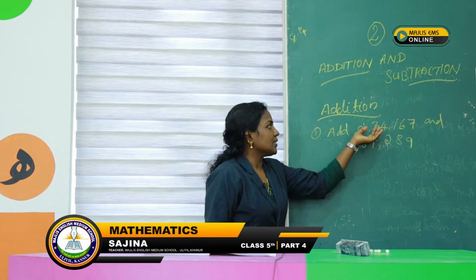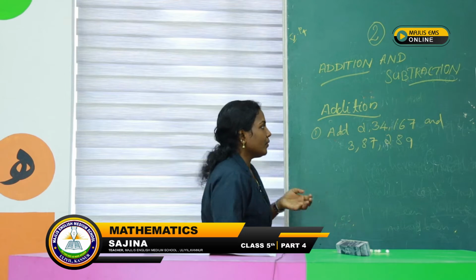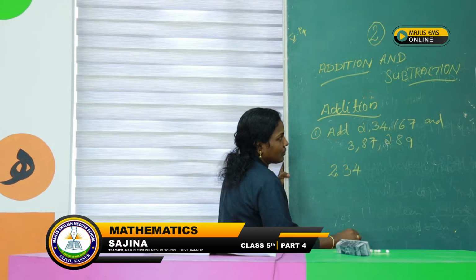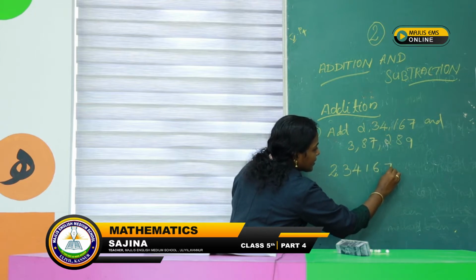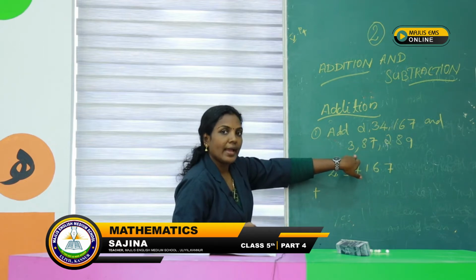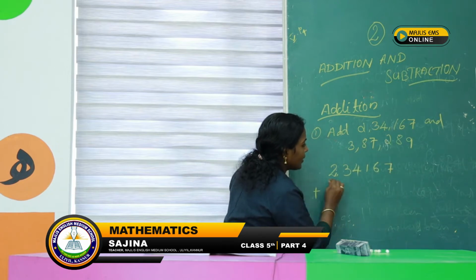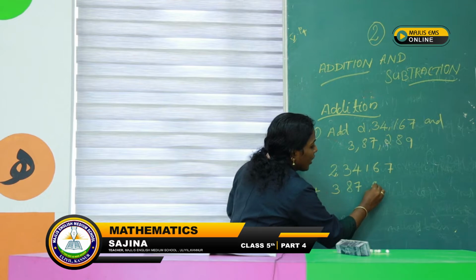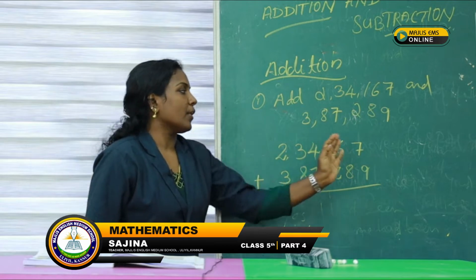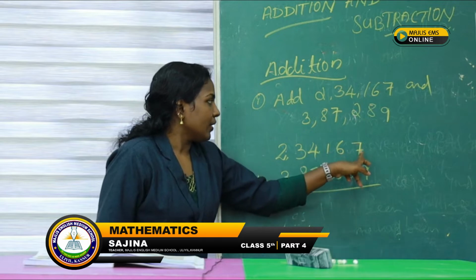First we write these numbers according to the place value system. 2,34,167 plus 3,87,289. We arrange these numbers according to place value, then we add.